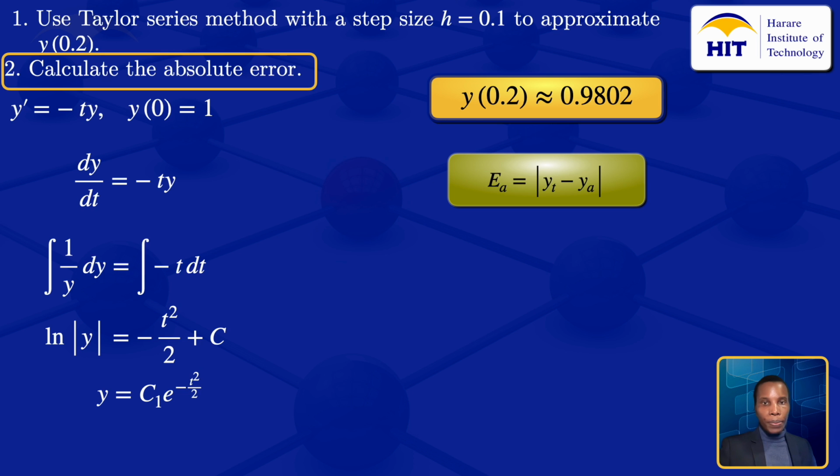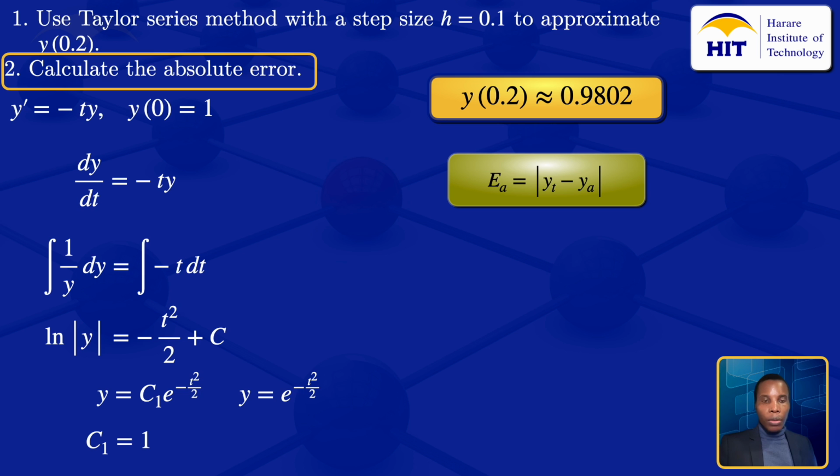But for us to obtain the value of that c1, we use this initial condition that we have. So we substitute t equals 0 into this equation. So we would have 1 is equal to c1 multiplied by exponent of 0, which will give us c1 is equal to 1. So substitute c1 equals 1 into this equation, then we have y is equal to exponent of minus t squared divided by 2.